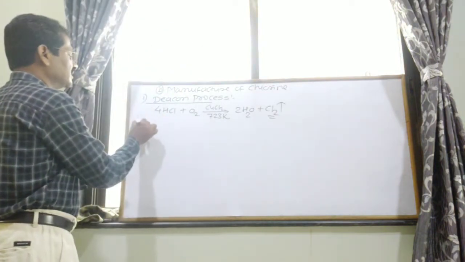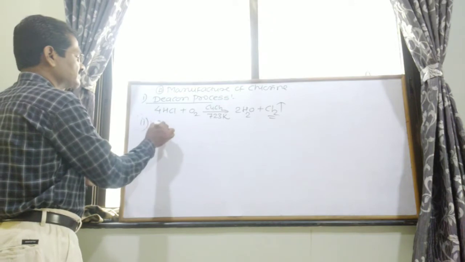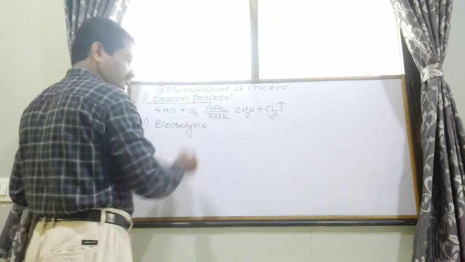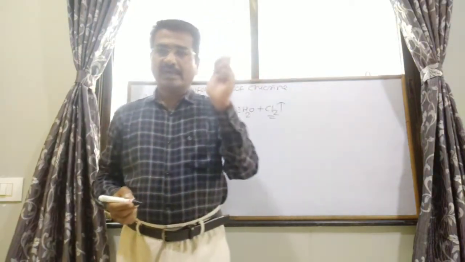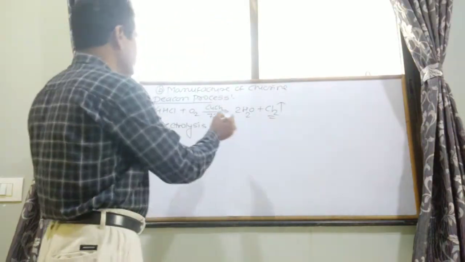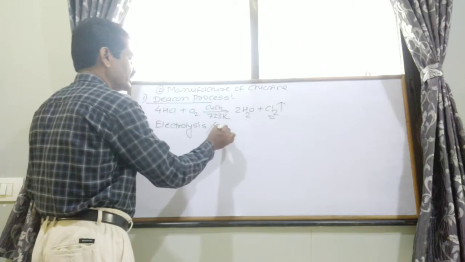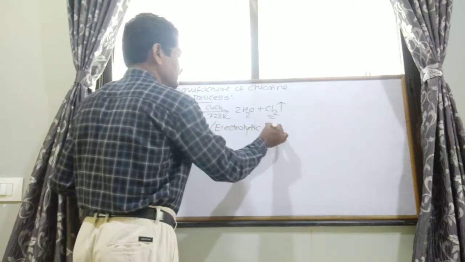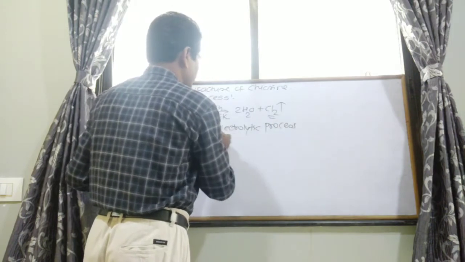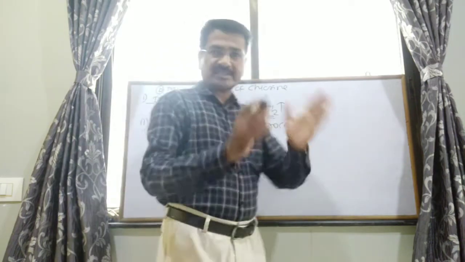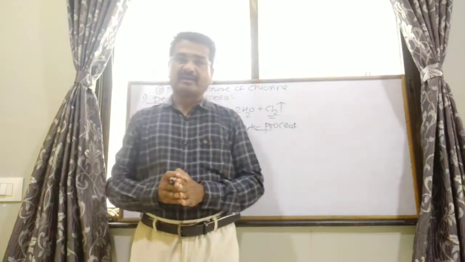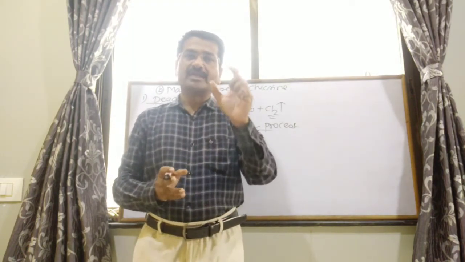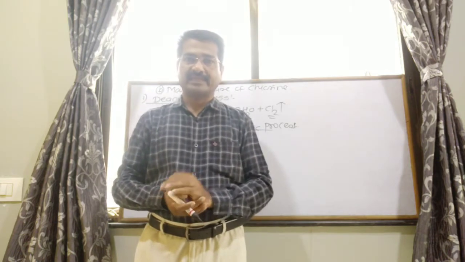Then the second one is the electrolytic process. In this process, chlorine is prepared from sodium chloride solution.